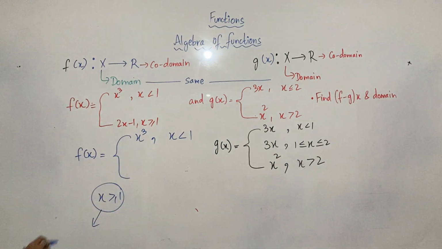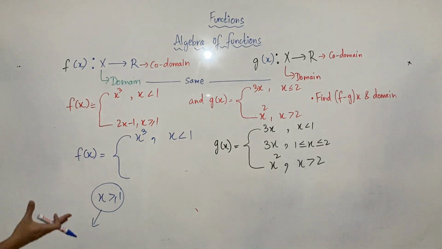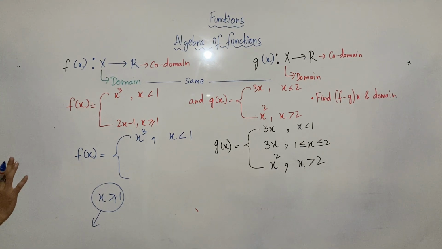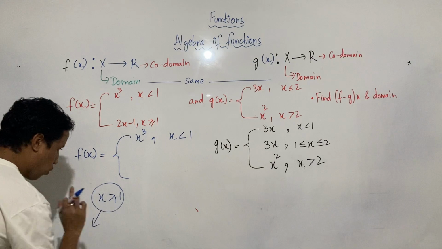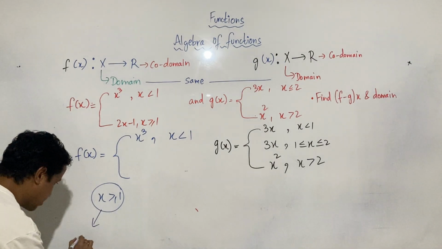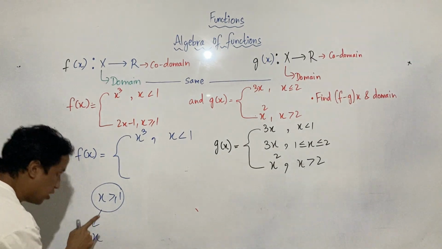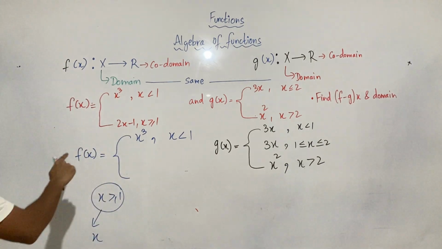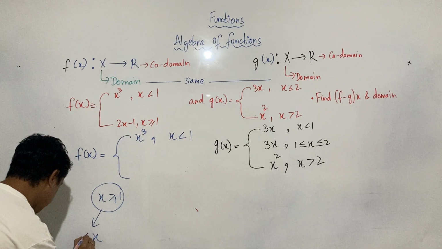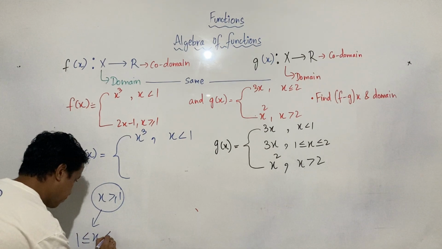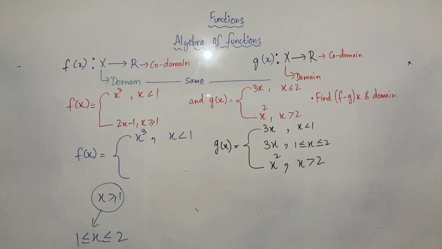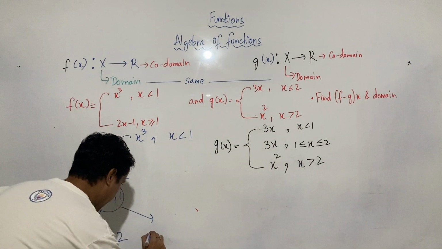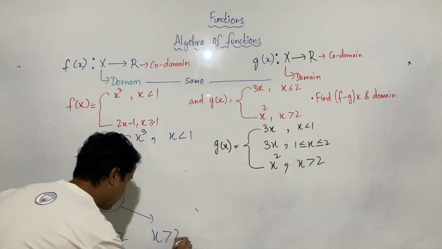here, what I can do is break it into several chunks, 2 chunks. One chunk is that I will write one definition for this function where x is between 1 and 2, and the other definition which I will write for x greater than 2.